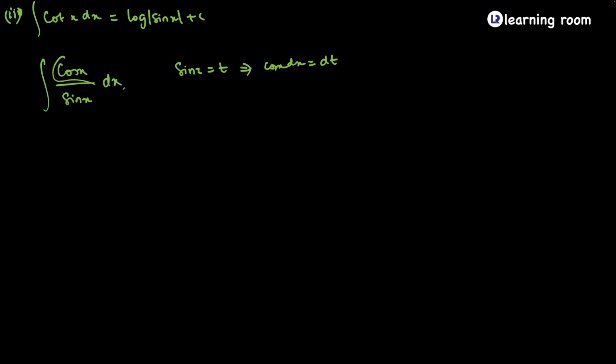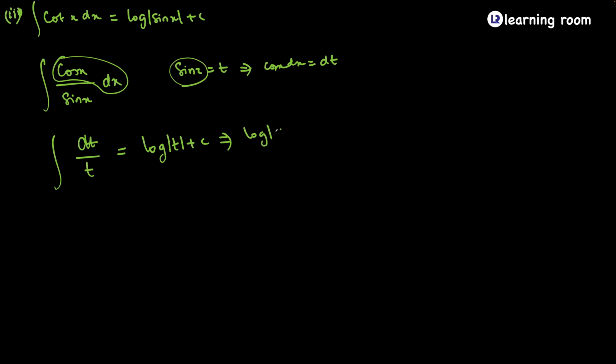So cos x dx can be replaced with dt and sin x can be replaced with t. So what are you going to get? You will get integral of dt divided by t. So dt by t is going to be equal to log of mod t plus c, which implies log of, what is t in this case? Sin x plus c. That's it. Log of mod sin x plus c.